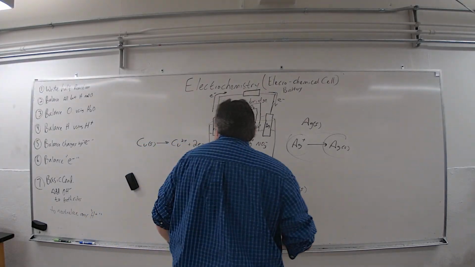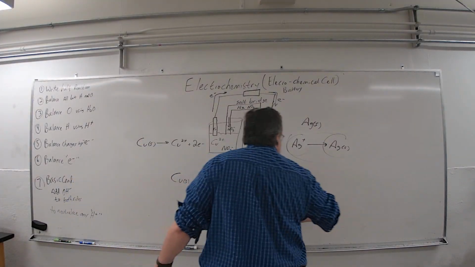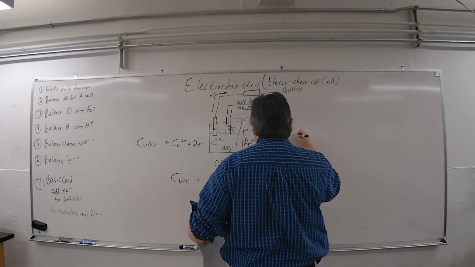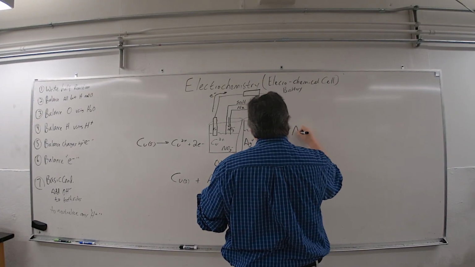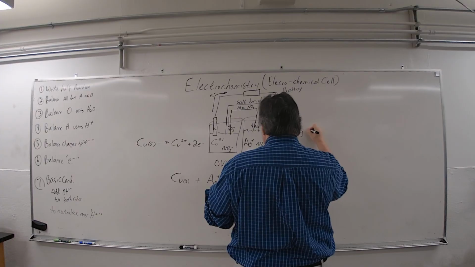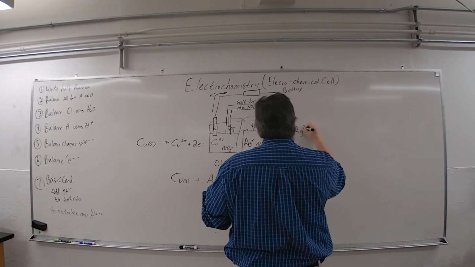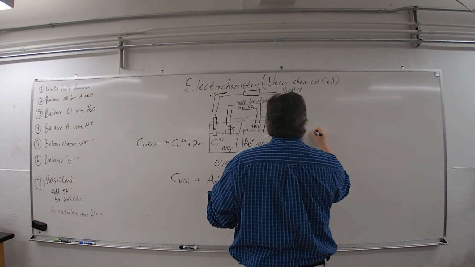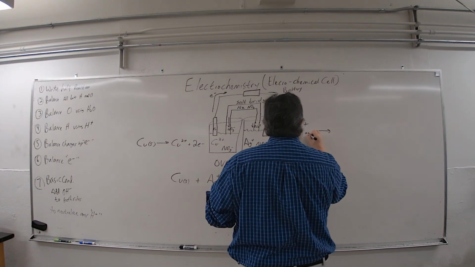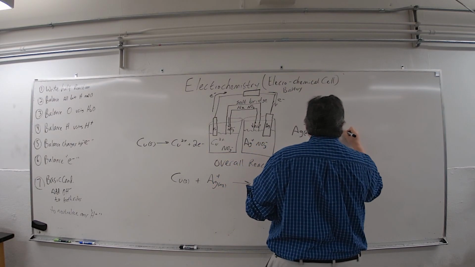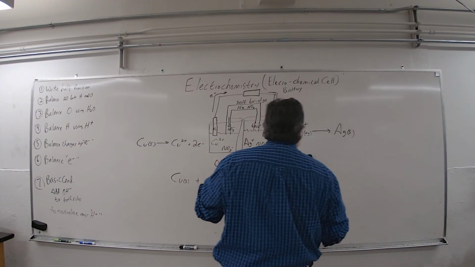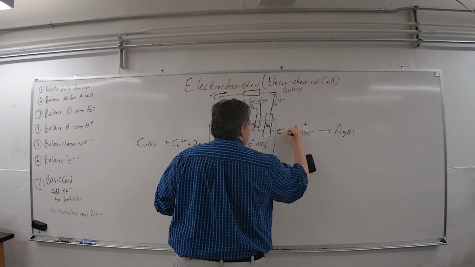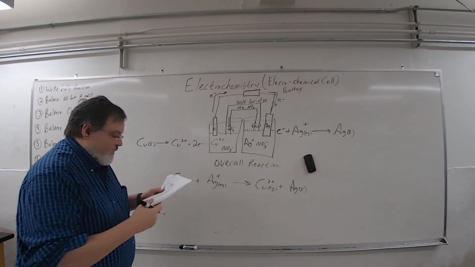And then over here, so these are the half reactions. So on this side I have Ag plus, aqueous, becoming Ag solid. And on this side I would write the electron over here. So there's 2 half reactions.